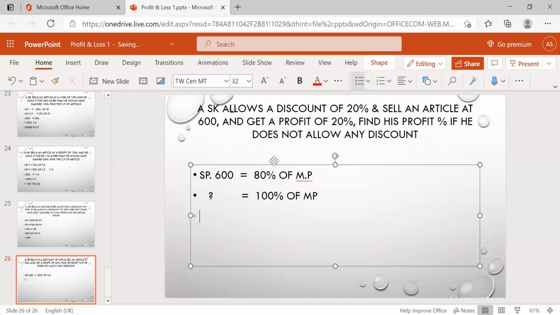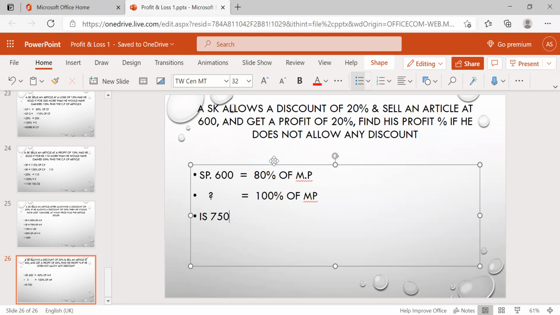Given that 80% is 600, we find 100%. Okay, do the calculation. We will get 750 rupees.